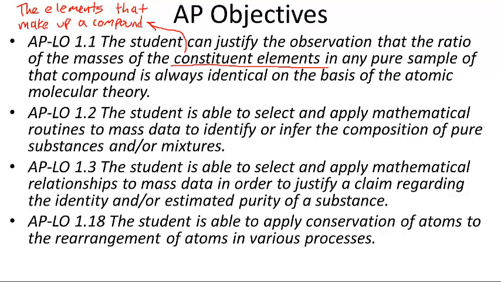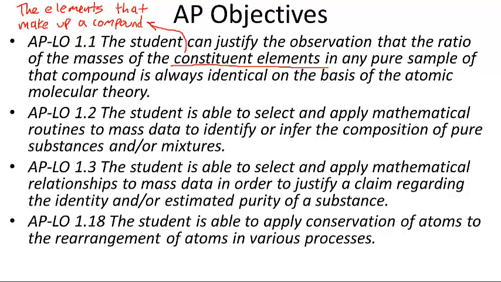All right, using the coefficients in a chemical reaction, doing some calculations, and then being able to say, well, I think this compound is probably pure, or this compound's probably not pure.